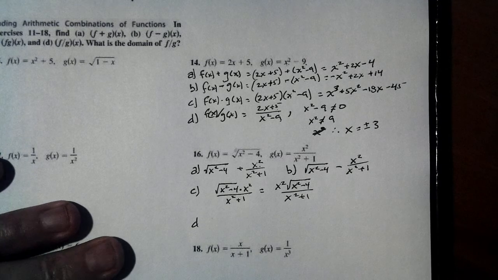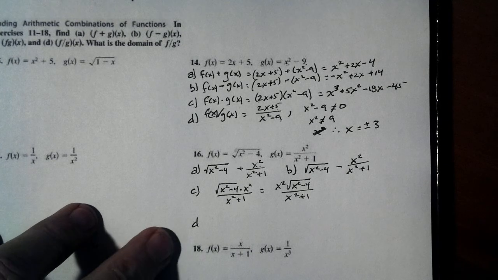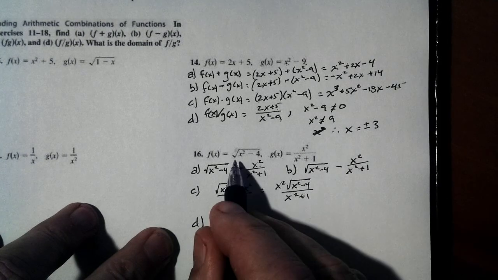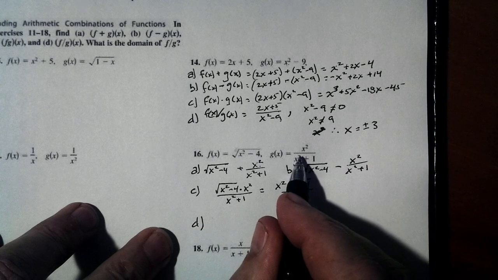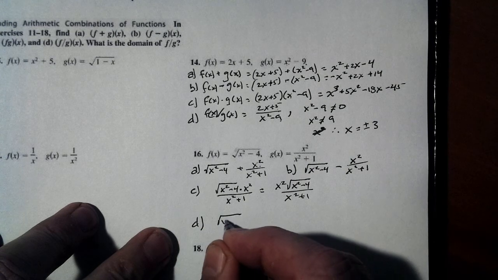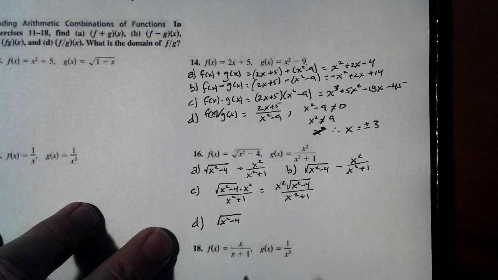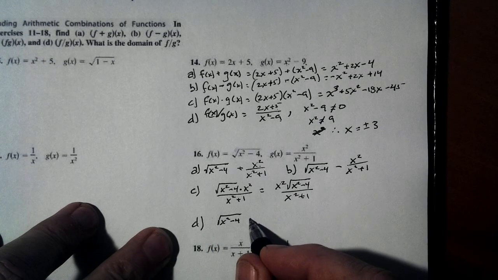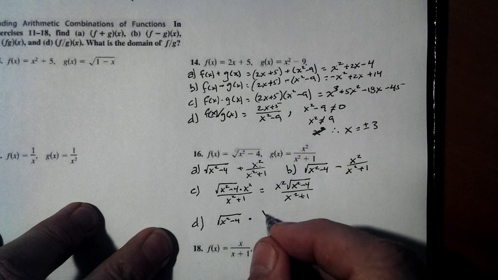And D, a little bit nastier here, D becomes f of x divided by g of x. And when we divide by a fraction, we can flip and multiply.